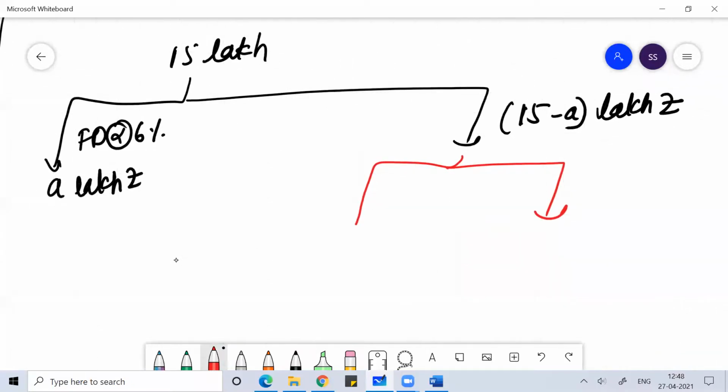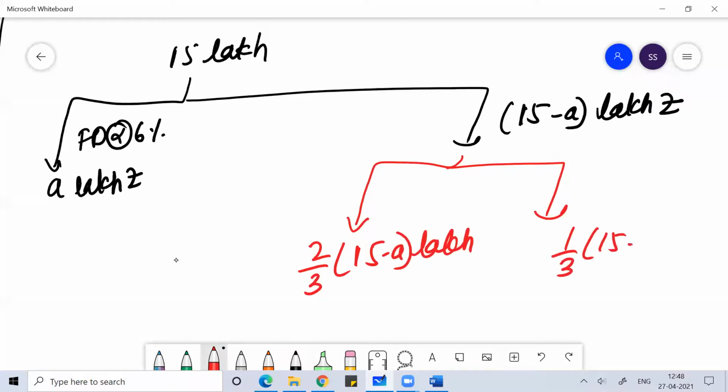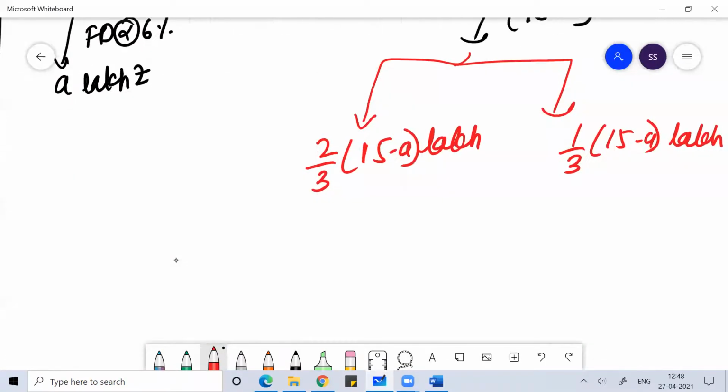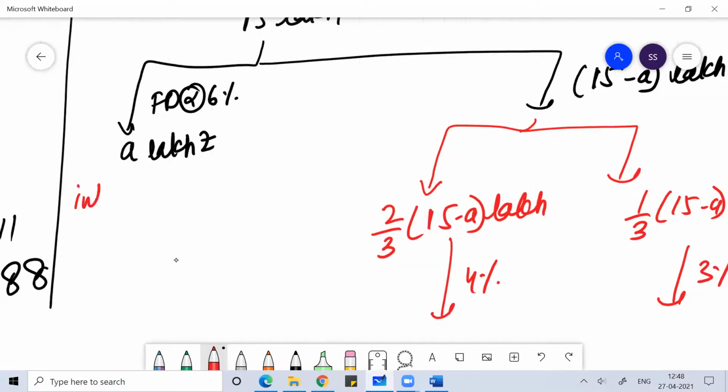So 2:1 means 2/3 of this 15 minus A lakh rupees, and 1/3 of this 15 minus A lakh rupees. In this two is to one ratio he invested the money earning 4 and 3%. Here you are getting 4%, here you are getting 3%. So the interest you earn is 6% of A, which I can also write as 0.18 by 3A.